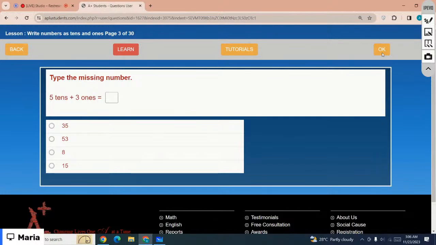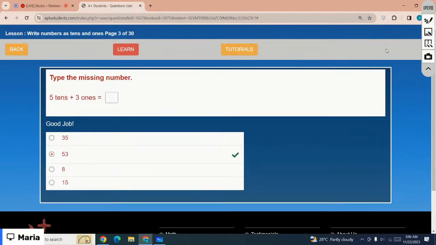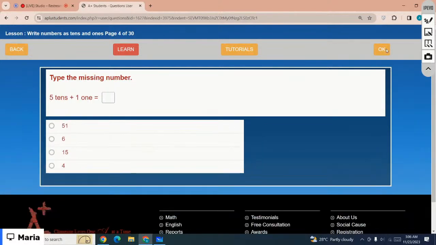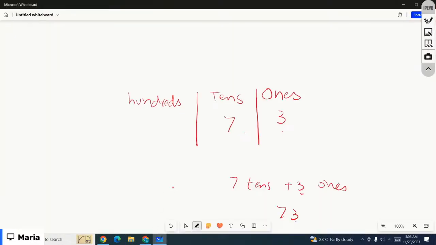So together they make 53. Option number 2 is the correct option. Very good. 53 it is, not 35. Because you have 5 tens and 3 ones, the last digit is at the ones position and then you have tens. So together they make 53, not 35, right?